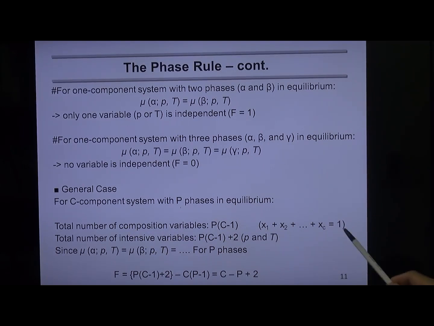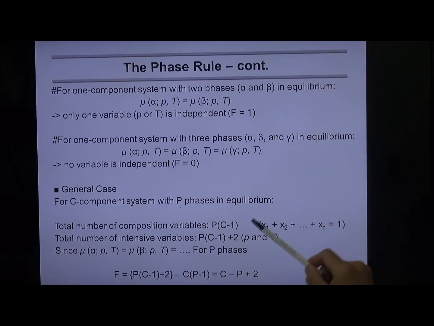For composition, let's say that we have C number of components. Then we'll have this relation, right? From mole fraction, x1 plus x2 plus ... plus xc should be equal to 1. Which means that if you have information about x1, x2, up to xc minus 1, then the last one, xc, is automatically determined, right?